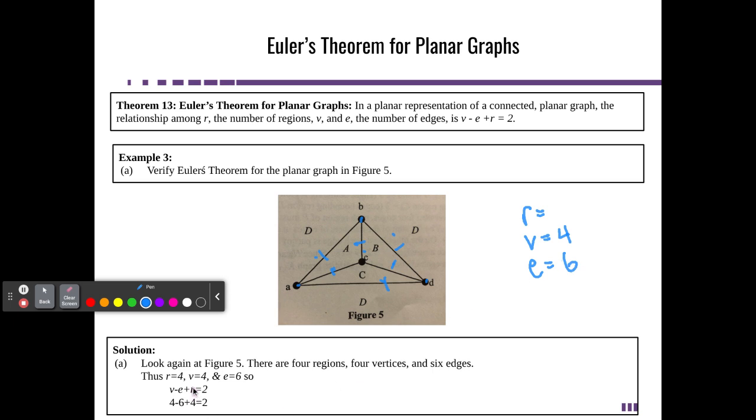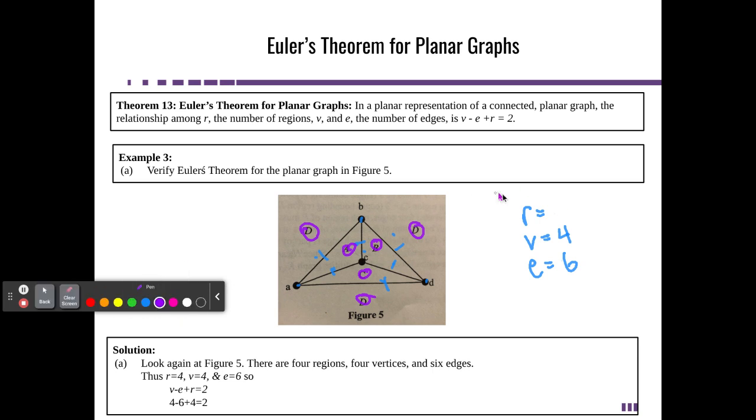And in this particular case, we have 4 regions. So we have region A, region B, region C, and then this region D, which is unbounded. It's outside. And so there are going to be 4 regions on this guy.